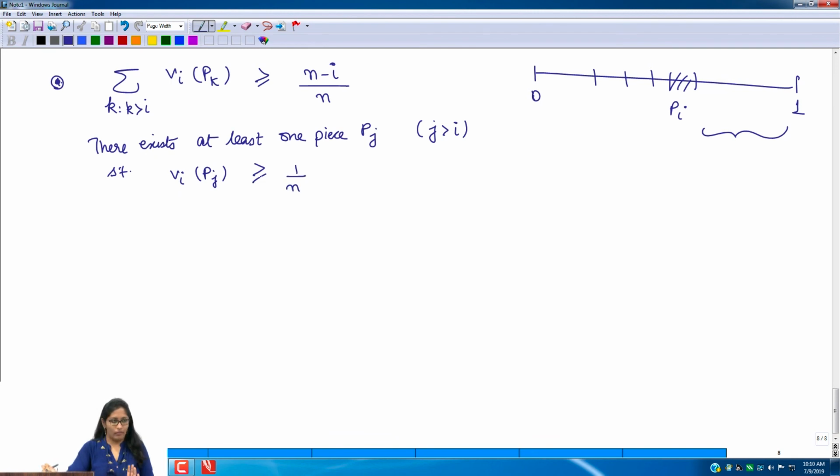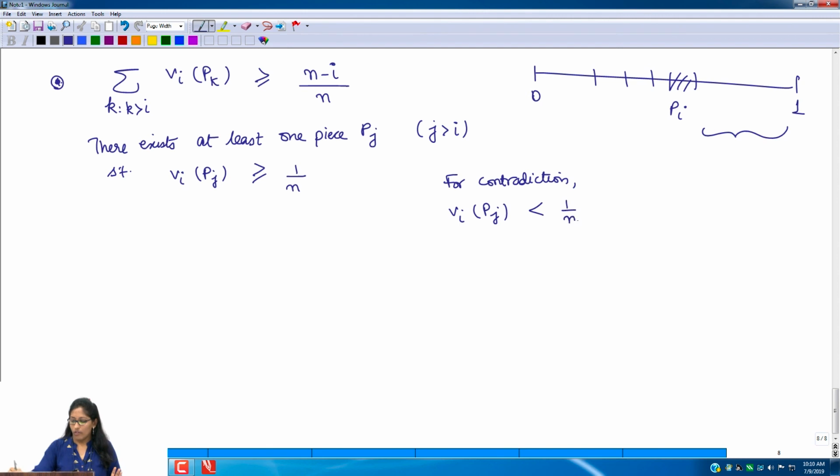Why do I have this? Let's say for contradiction I don't have it. For contradiction, let's say vi of pk is less than 1 by n for all k coming after i.